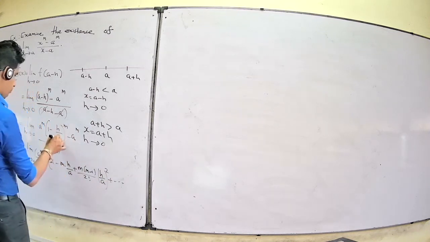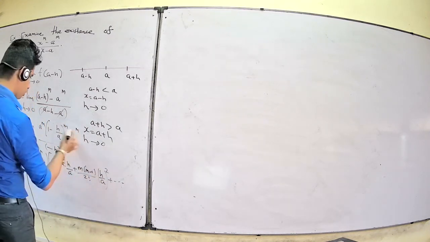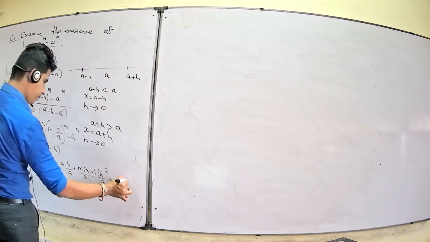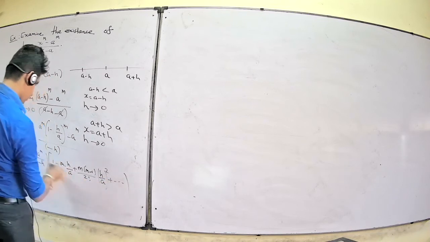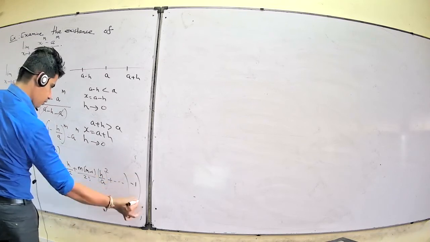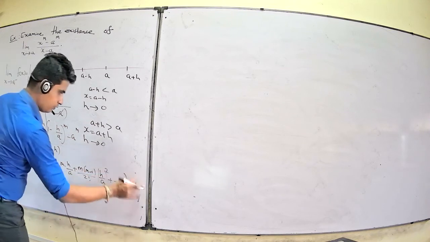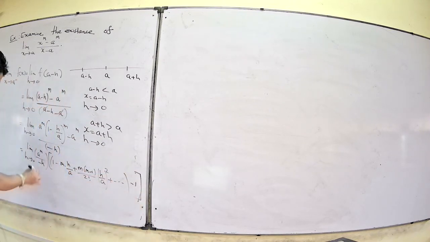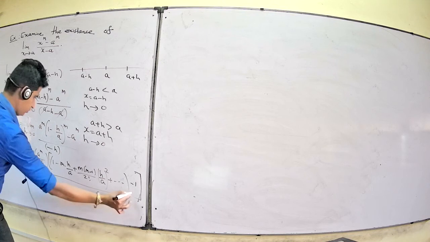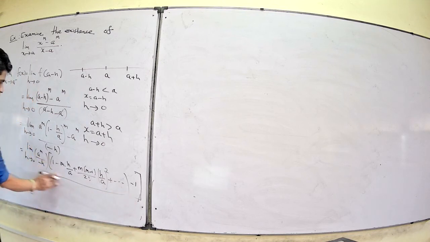The last term is h over a to the power m. Here you take a power m outside, therefore you get minus 1 over h here.